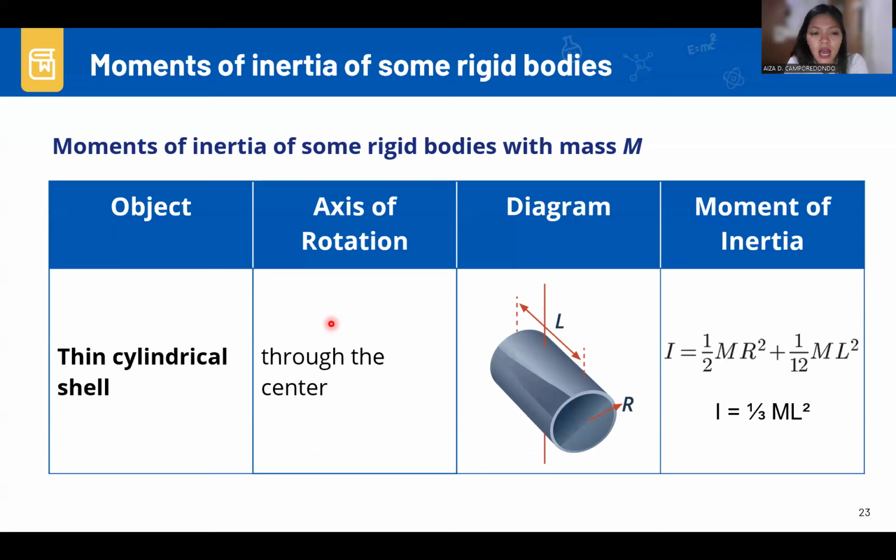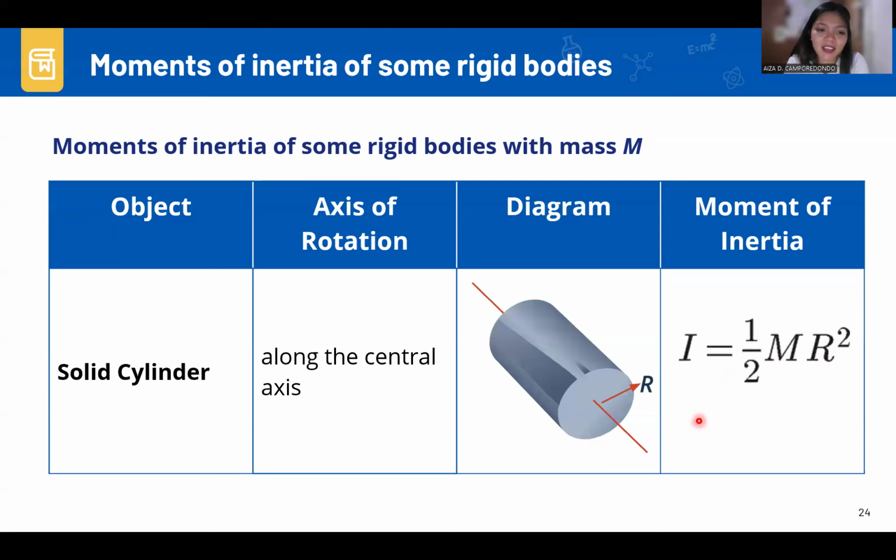For a thin cylindrical shell with the axis of rotation through the center, you can use this formula, but it can actually be derived to moment of inertia is equal to 1/3 mass multiplied by length squared.